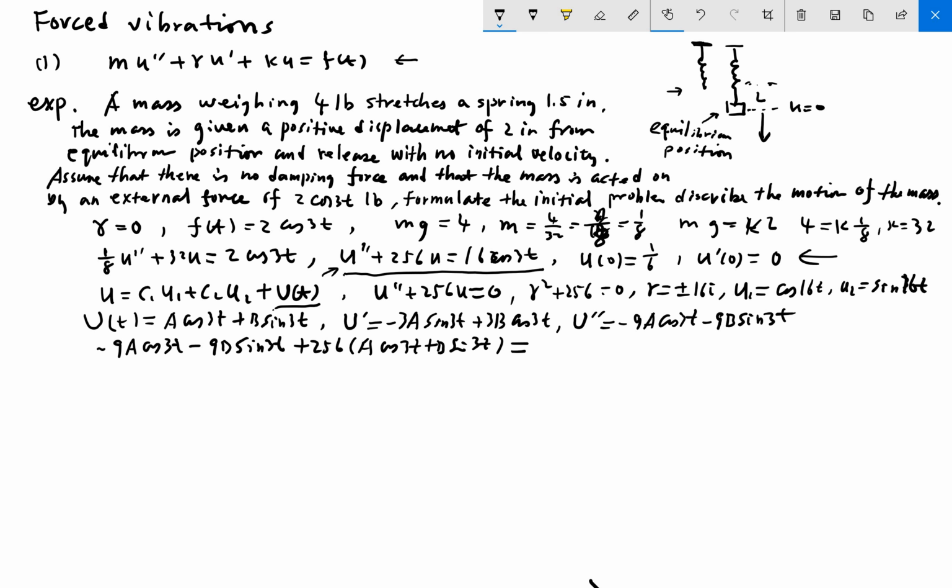Okay, we want capital U to be a solution, so the right hand side is 16 cosine 3t.